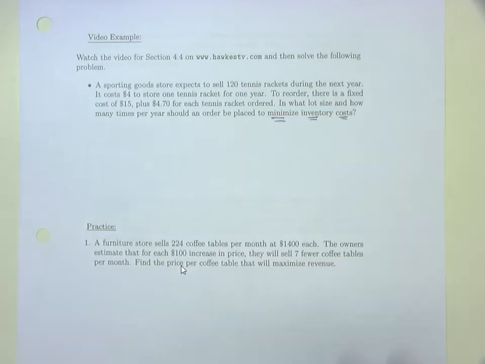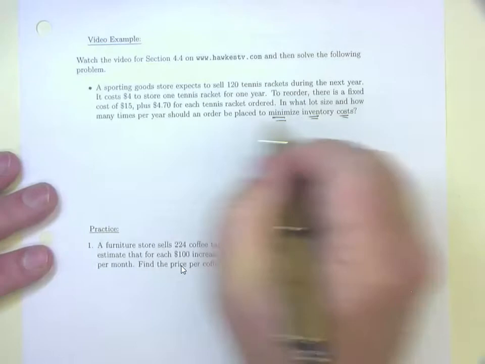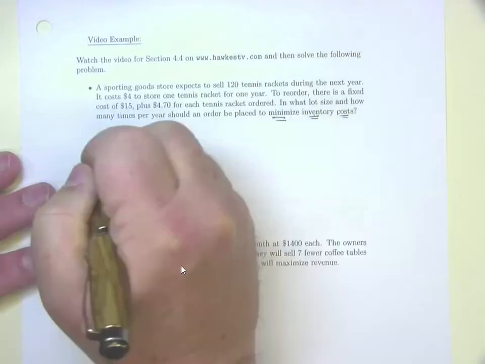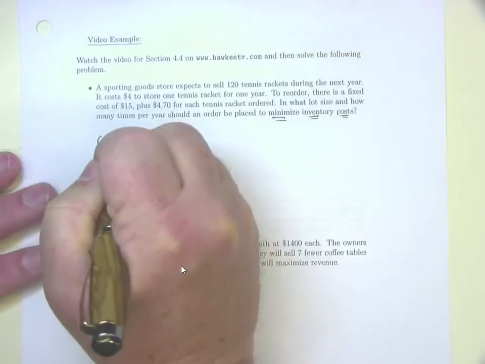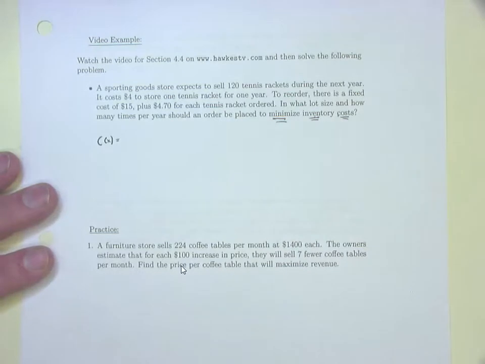So, here we go. If I want to minimize inventory cost, you need to come up with a formula for inventory cost. What was my formula? We just wrote it down.